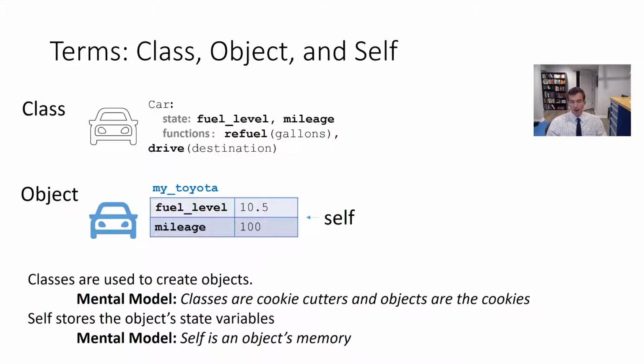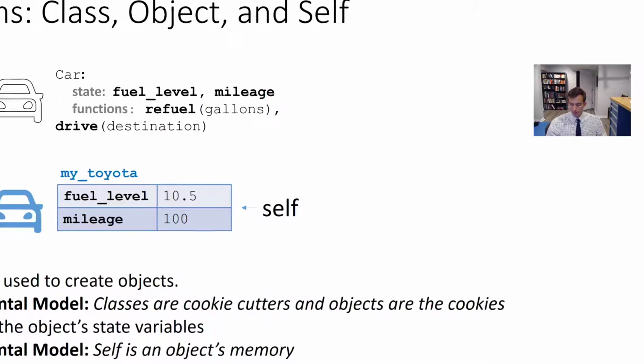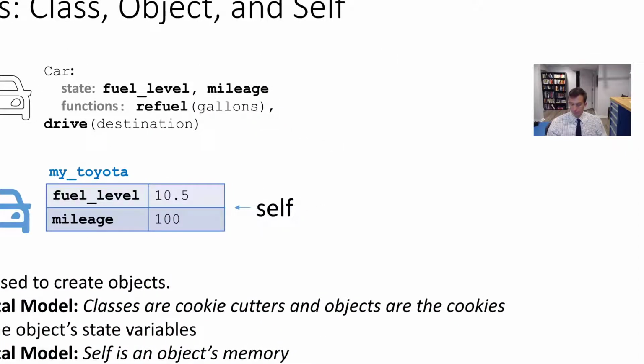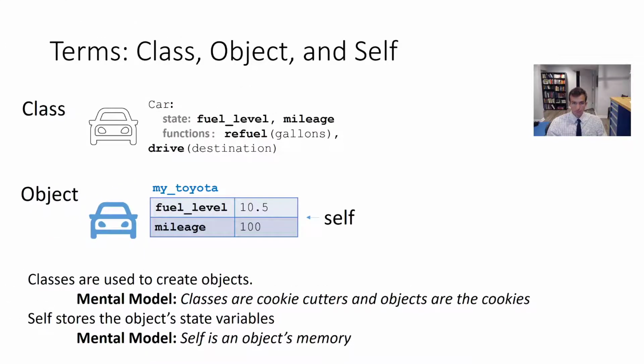So we'll talk about objects, but you'll never actually use the word object anywhere in Python. You'll use the word class to define the car thing, and then you'll create objects using that class. And the type of the object is its class, right? The Toyota's type is car. Okay?